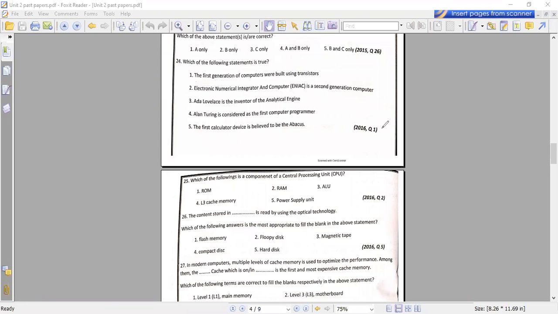Ada Lovelace is the inventor of the analytical engine? No, she is the first programmer that we discussed, who wrote the first computer program. That's also wrong. The first calculating device is declared to be the abacus. Yes, that is the correct answer. 24, fifth answer. Let's see your answers. Yeah, most of you have put the correct answer.